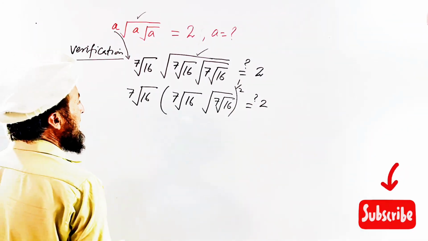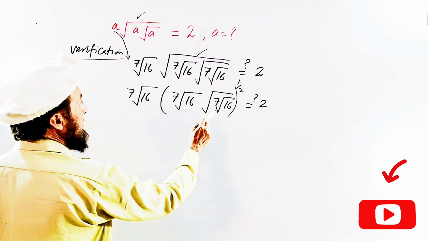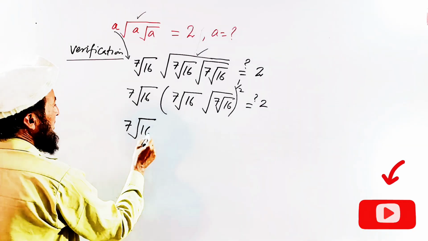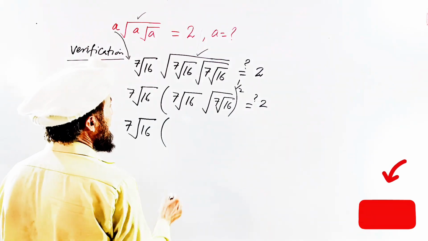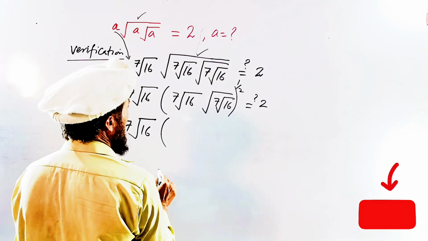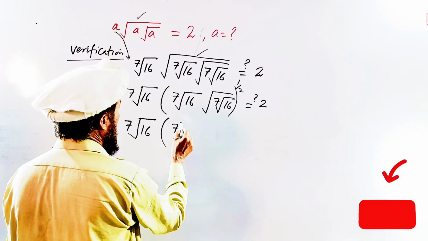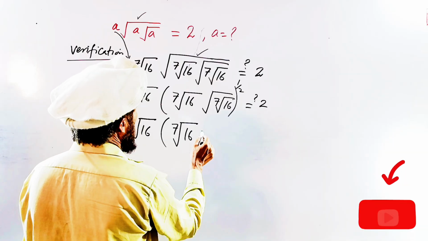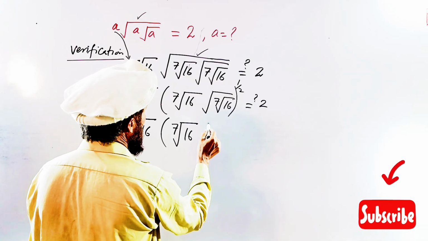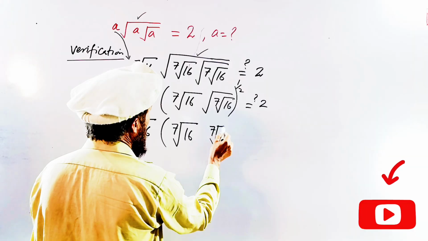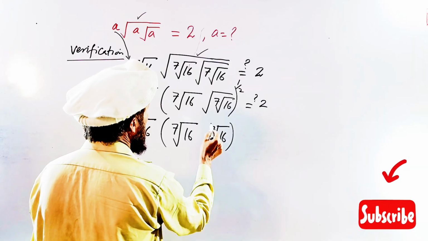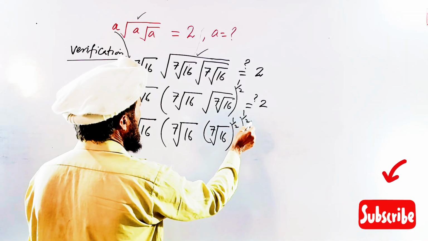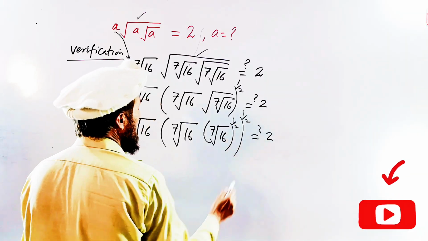Similarly, we change this into index form: the 7th root of 16, and we can write the 7th root of 16 as a whole 1 by 2 is equal to 2.